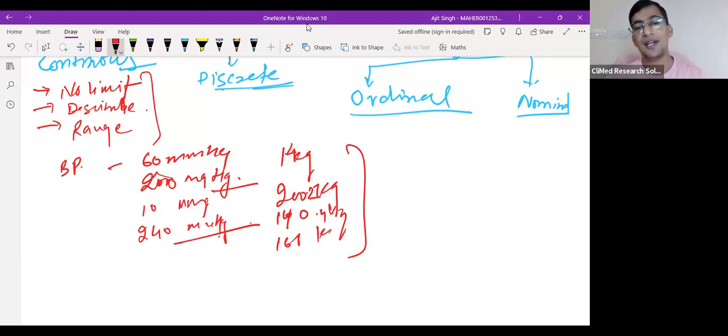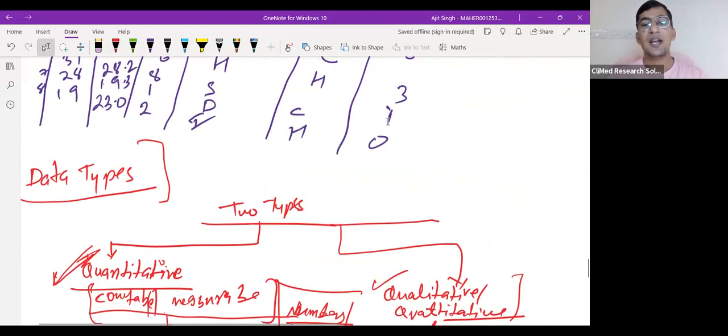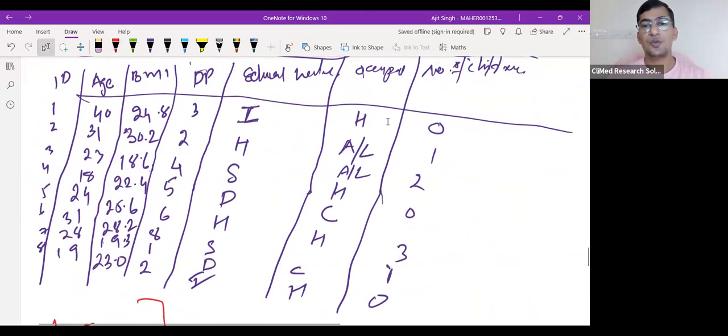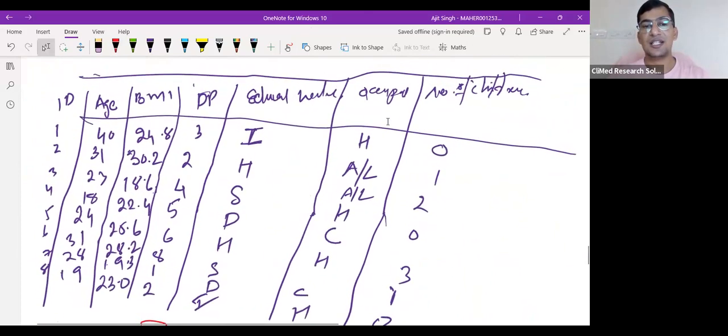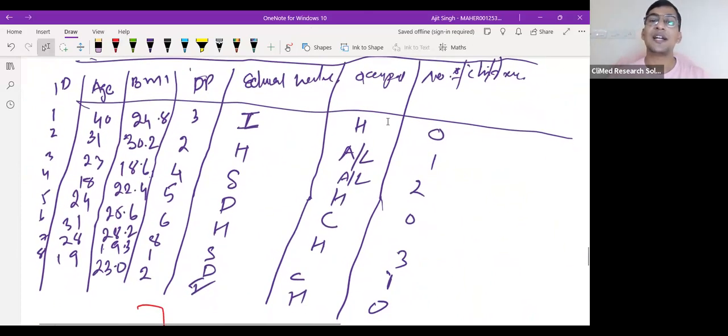So there is a question for you. In this data set, which categories are continuous type of data? Tell me, guys. There is age, BMI, duration, education level, occupation, number of children.